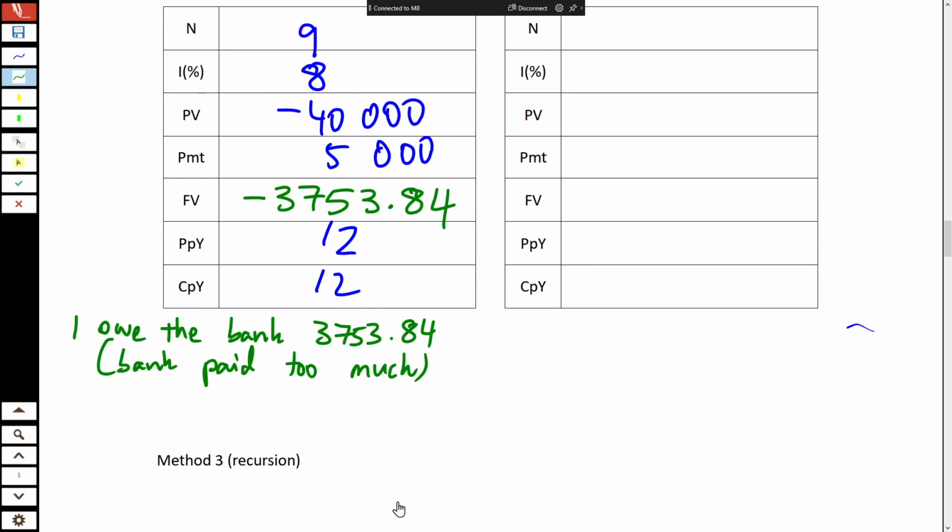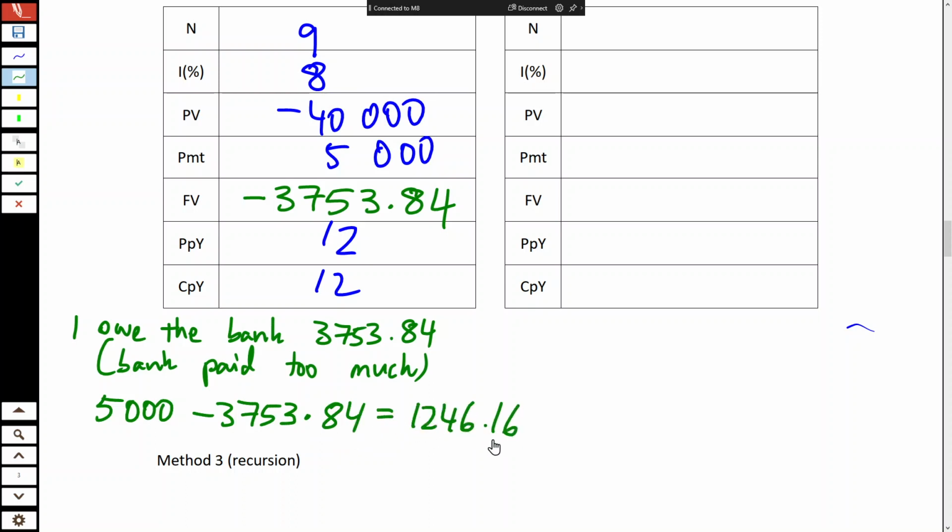Okay. So instead of paying $5,000, I just need to reduce 5,000 by 3,753. So does that make sense? $5,000 was too much.